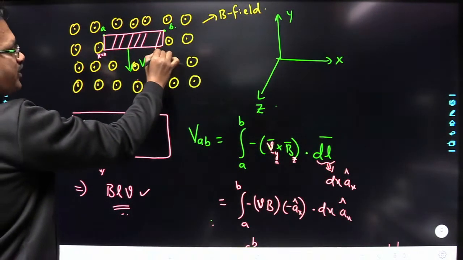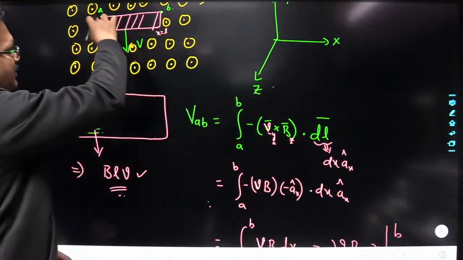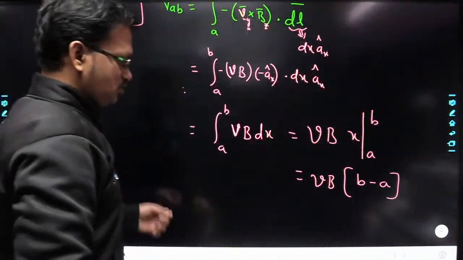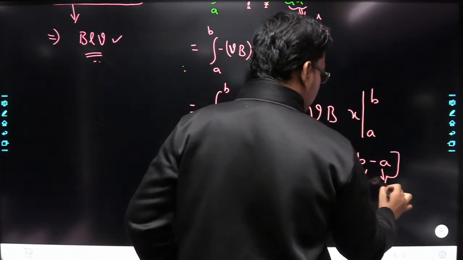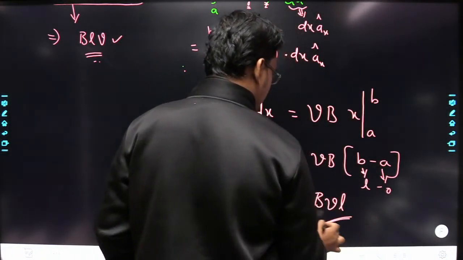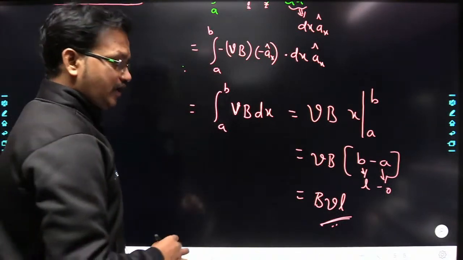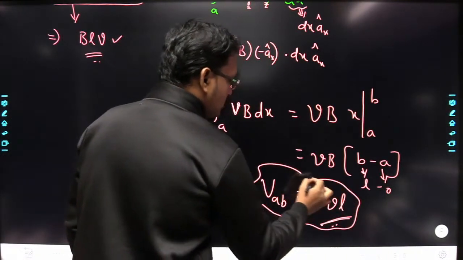Let us consider this point as x equal to 0 and this point as x equal to L. So the B value is L and the A value is 0. You are going to get BVL, so you are getting positive. That means VAB is positive.